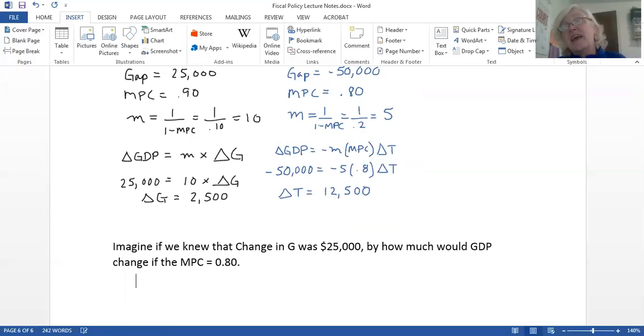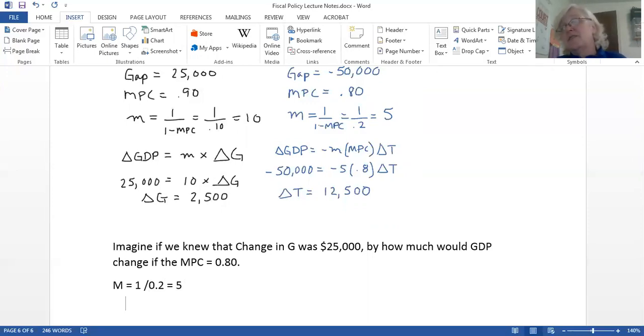So in this case, we know the change in G, and we want to find the change in GDP, okay? So in this case, my multiplier, M, is going to equal 1 divided by 0.2, okay, which is going to be 5.